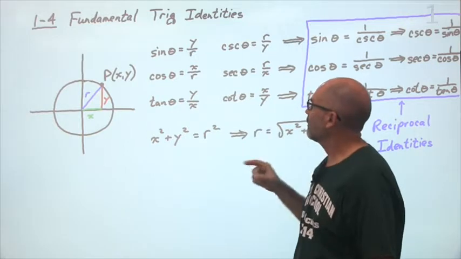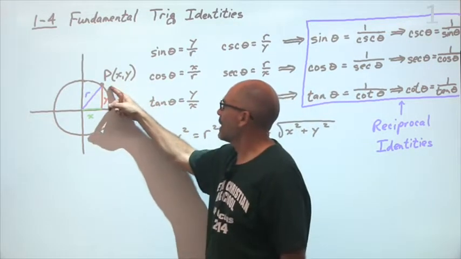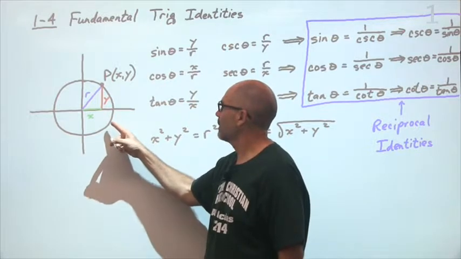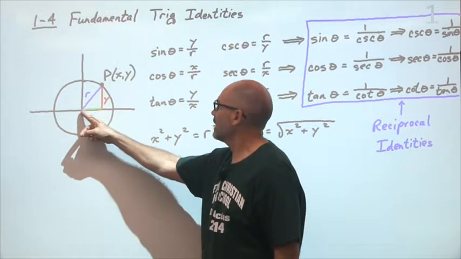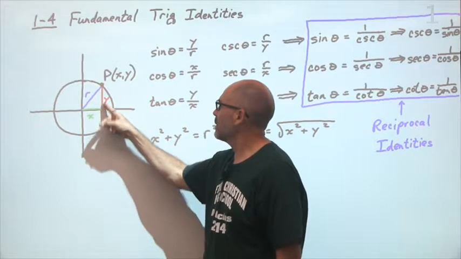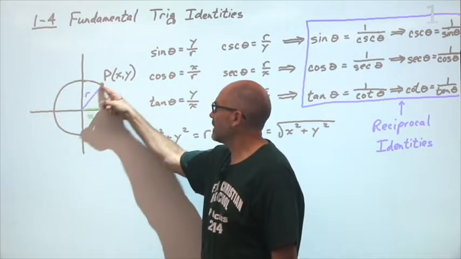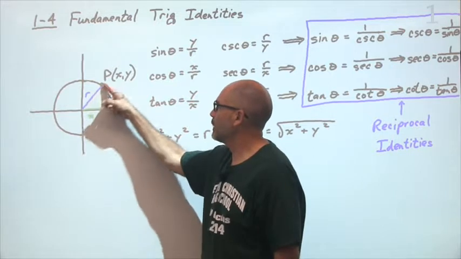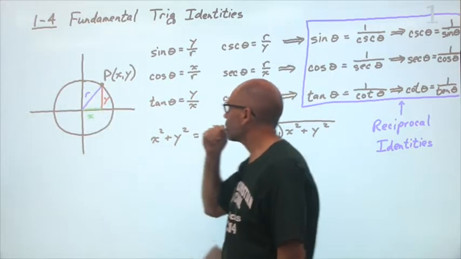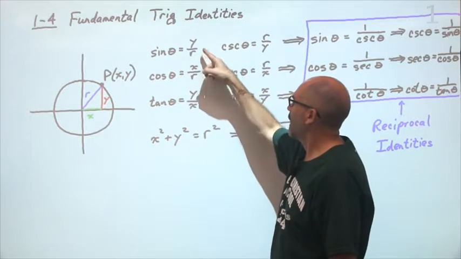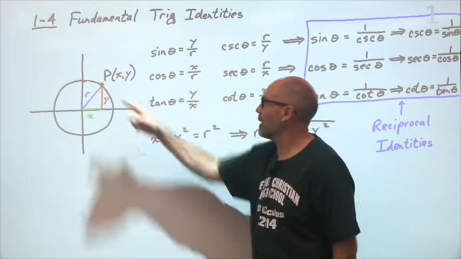So if we have some point on a circle here, then we've got the x value and the y value of that point, and then the radius is going to be the hypotenuse of the triangle. So sine of theta equals y over r, opposite over hypotenuse.